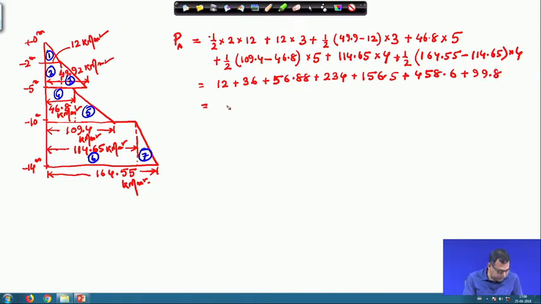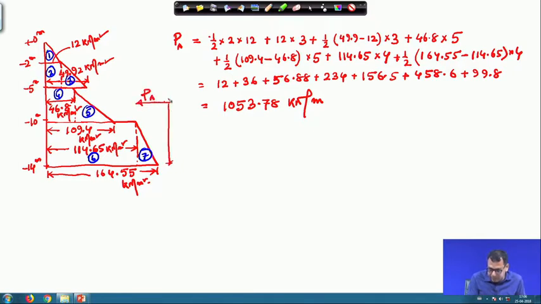So, this is equal to 1053.78 kilonewton per meter. Okay. Now, this is the force P A which is acting.